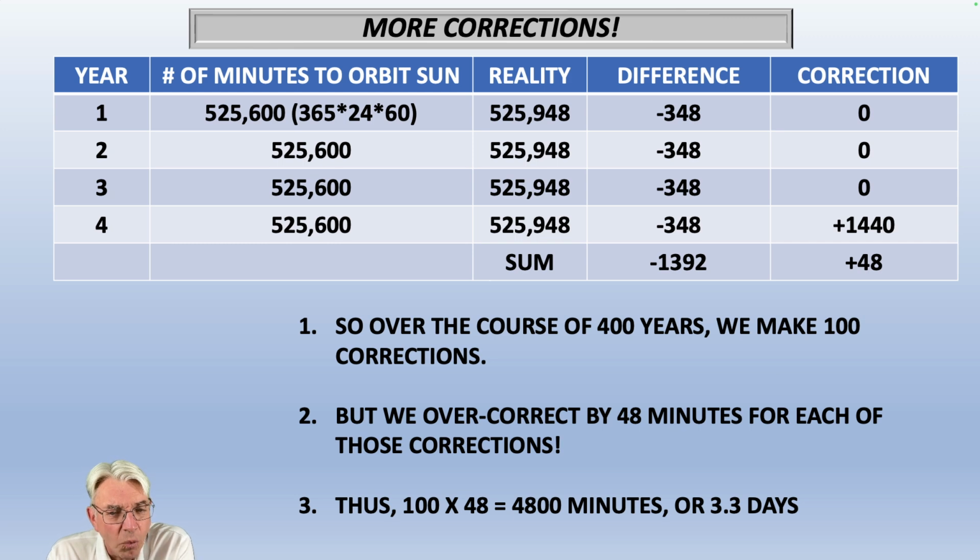Over the course of 400 years, we are going to make 100 corrections. Every 4 years is a leap year, at least we thought it was. And so you have 25 corrections every 100 years, which would mean you make 100 corrections over a 400-year period. But we are overcorrecting by 48 minutes.